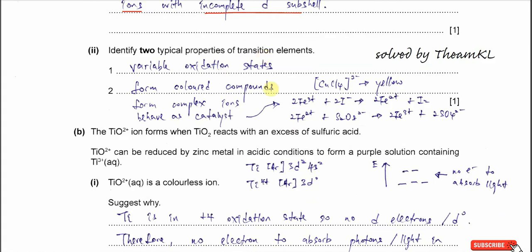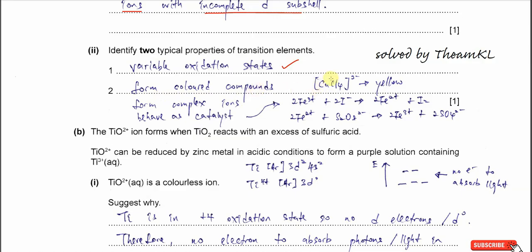You just follow the definition. It must be able to form different ions with different oxidation states, so variable oxidation state.